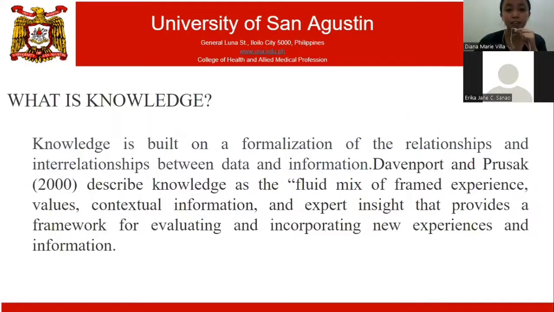Next, knowledge. Knowledge is built on a formalization of relationships and interrelationships between the data and information. According to Davenport and Prusak, knowledge is a fluid mix of lived experience, values, contextual information, and expert insight that provides a framework for evaluating and incorporating new experiences and information.